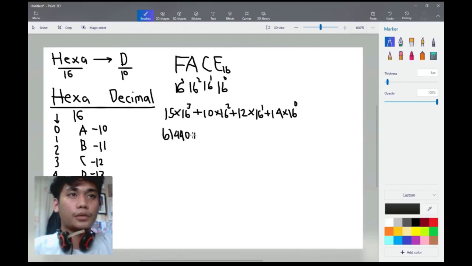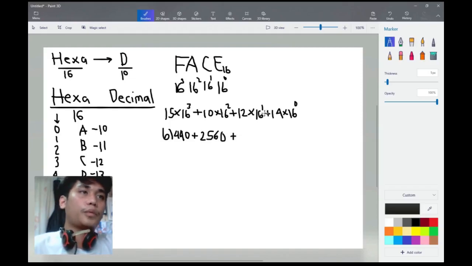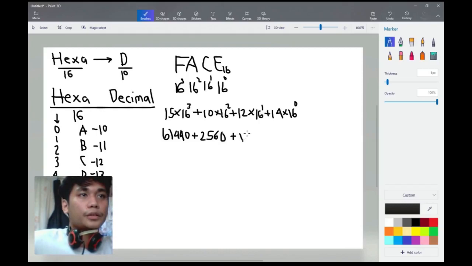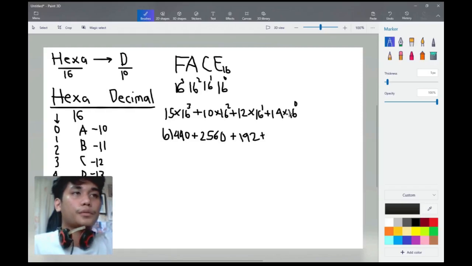Plus 16 to the power of 2 times 10, that's 2,560, plus 16 to the power of 1 is 16 times 12, that's 192, plus 16 to the power of 0, that's 1 times 14, that's 14.